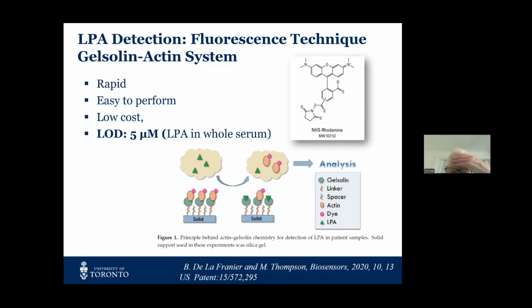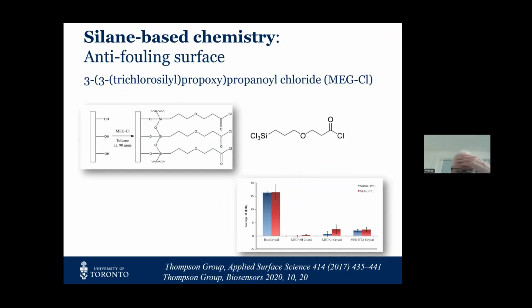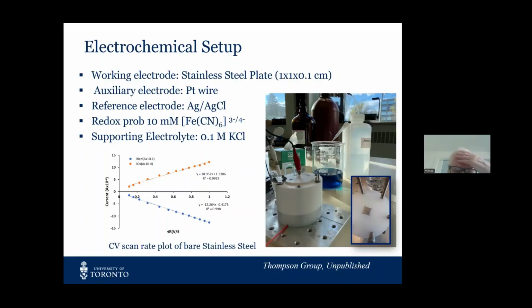If you remember, the base concentration in healthy patients tends to be between 1, 2, and 3, 4 micromoles per liter. This method just doesn't get quite far enough down. But on the positive side, the gelsolin-actin surface chemistry looks like it's very useful for detection. So we went into other types of systems.